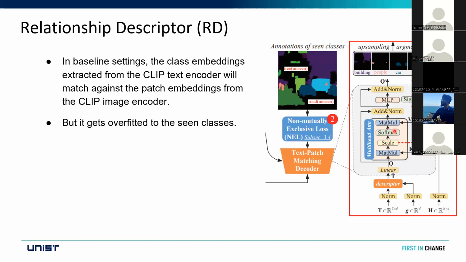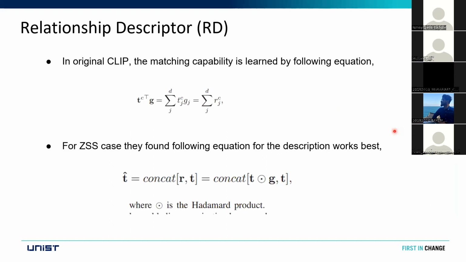To solve this, they took one property from CLIP, as I mentioned earlier, that in CLIP they take the dot product of image embedding and text embedding and try to maximize the diagonal to incorporate the zero-shot property.